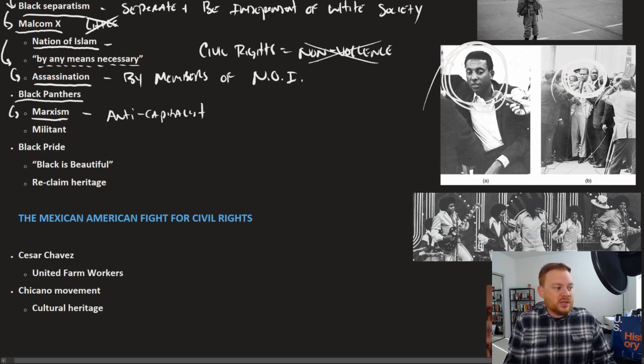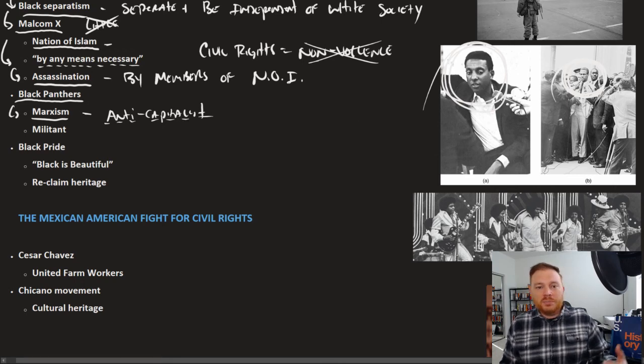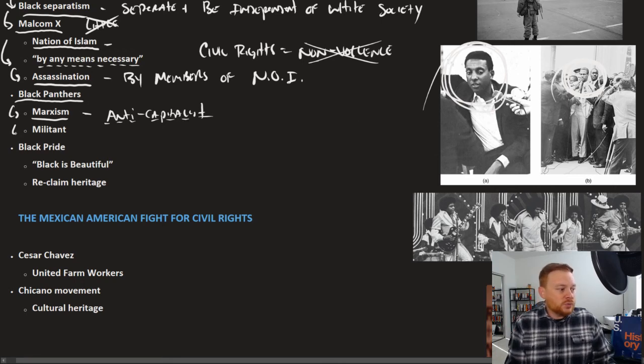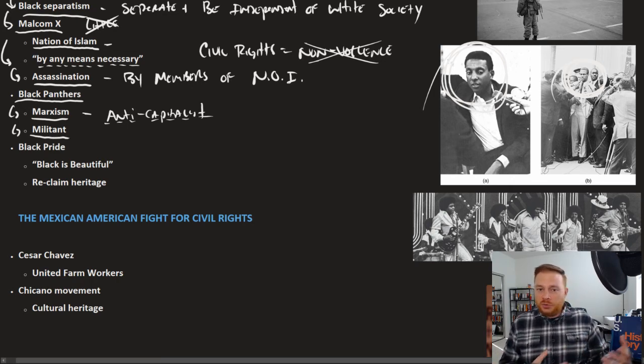So by embracing a Marxist tone or an anti-capitalist rhetoric, this was a way of combating racism in the U.S. The Black Panthers were also notably very militant, dressing up in army clothing, brandishing weapons, a much more confrontational approach. And especially for white America, organizations like the Black Panthers were much more intimidating and frightening than perhaps people like Martin Luther King Jr.